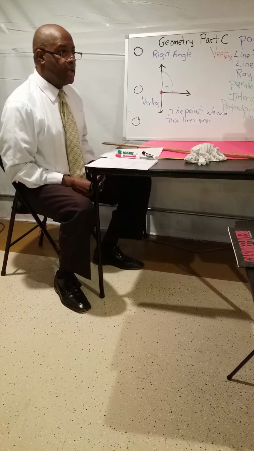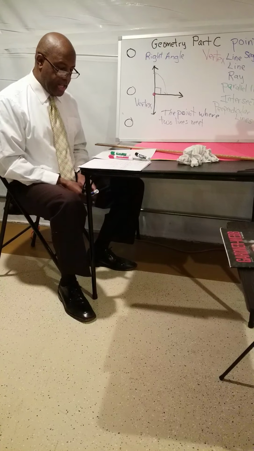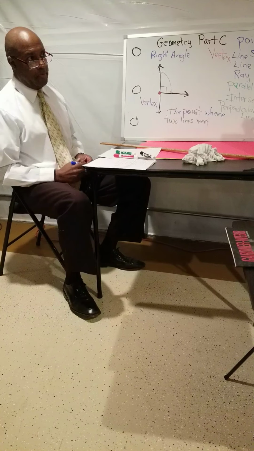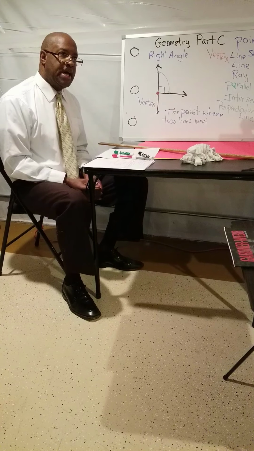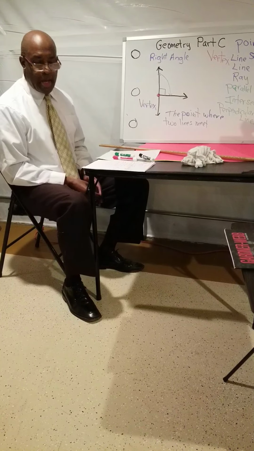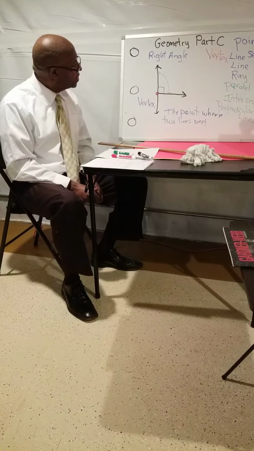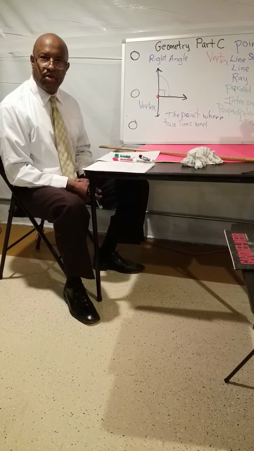So now, angles can be determined as greater than, less than, or the same as a right angle. Now I want you to think about that for a minute. Angles can be determined as greater than, less than, or equal to a right angle. So if that's the case, what would those angles be called?